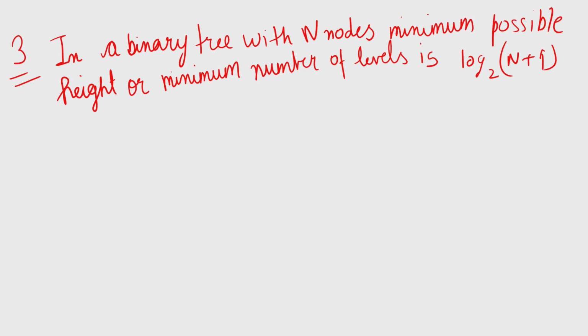Now you'll say why. Let us say minimum number of levels, the minimum possible height. If you want to have n nodes, then 2 to the power h minus 1 is equal to n.